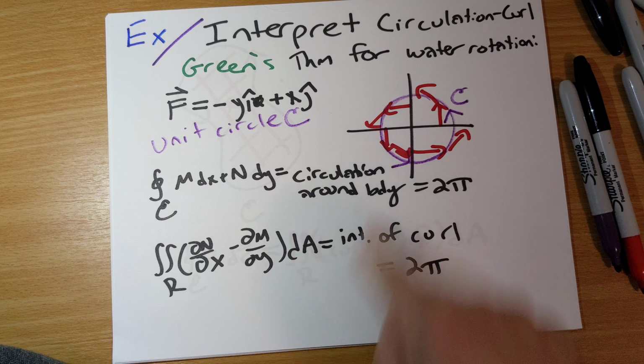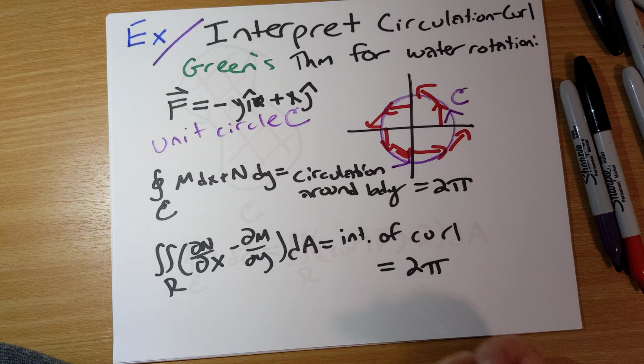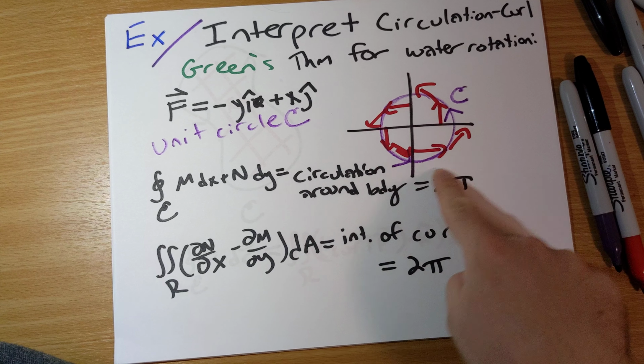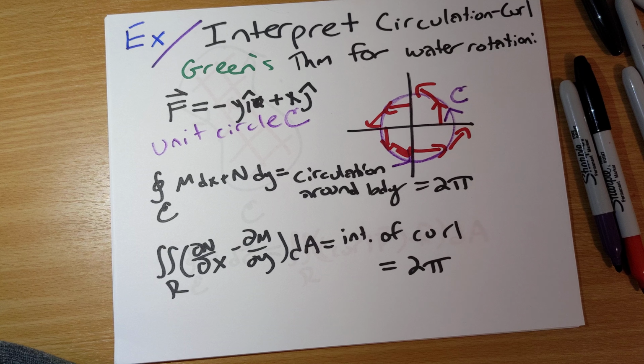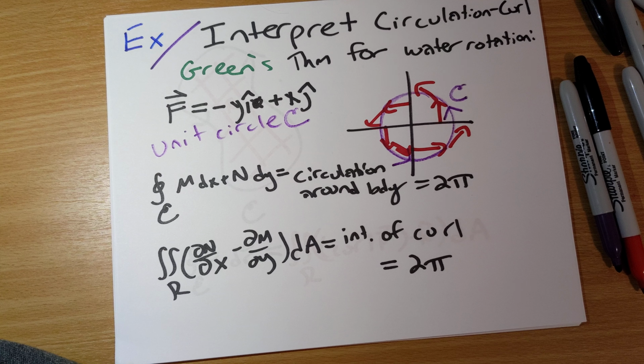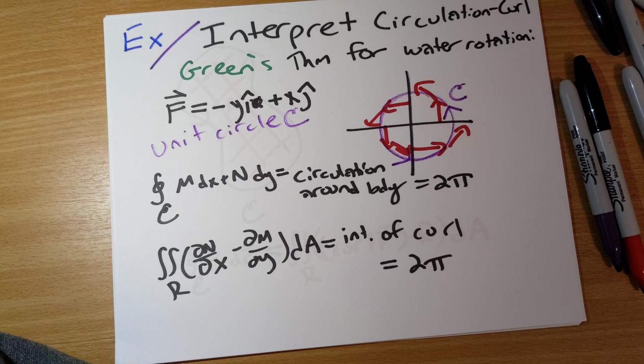But let's just appreciate that the equality of circulation equaling curl makes sense. If you're having circulation around the boundary, that should mean that you're rotating counterclockwise, and counterclockwise rotation means that the k component of your curl is positive, so it makes sense that there's a connection between these two.